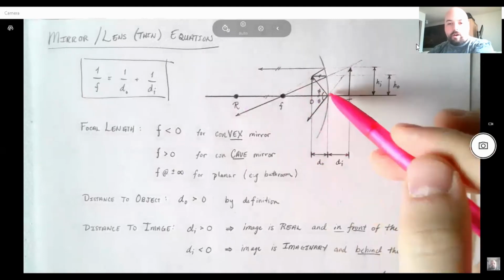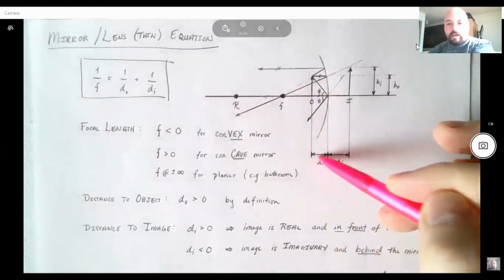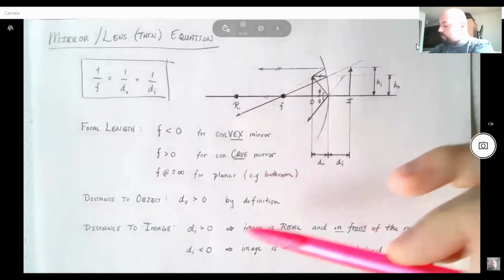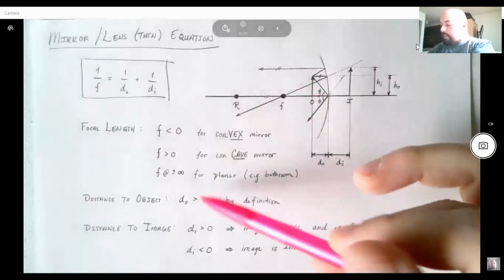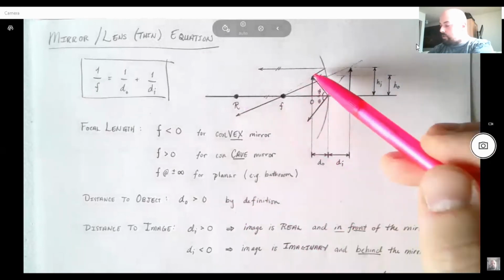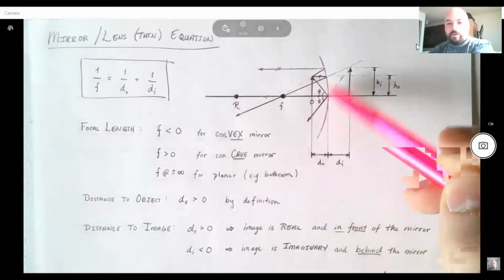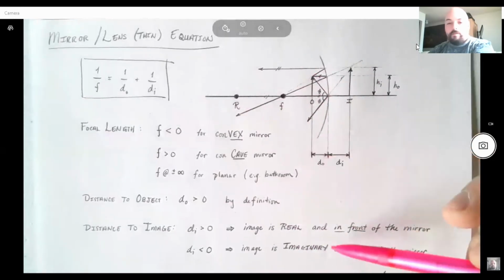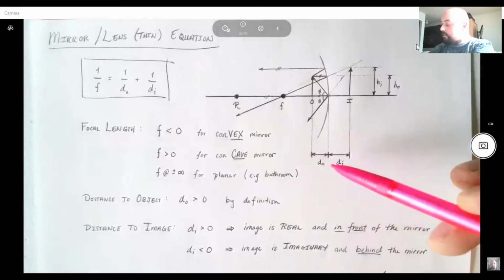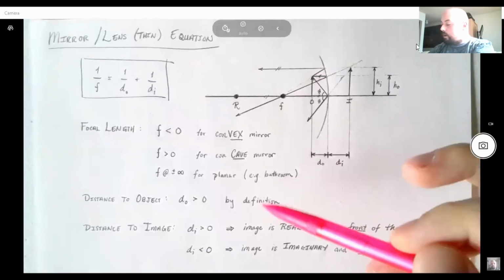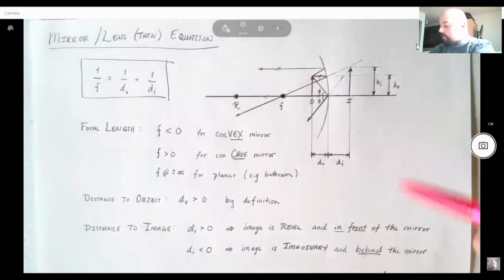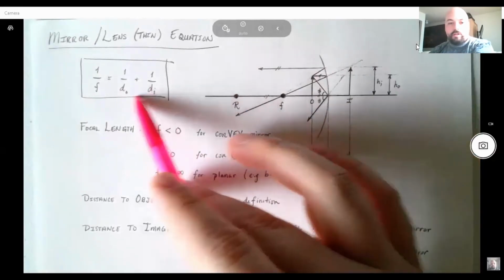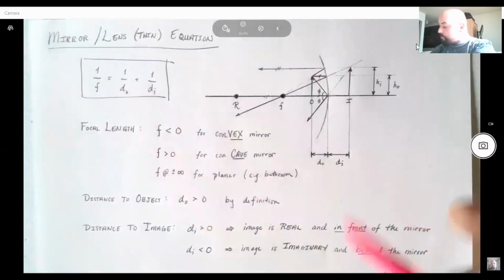And here I've drawn the distance indicated as such from the base of the object to the mirror. By definition, the object is always considered in front of the mirror for a single mirror, and therefore will have a positive distance.